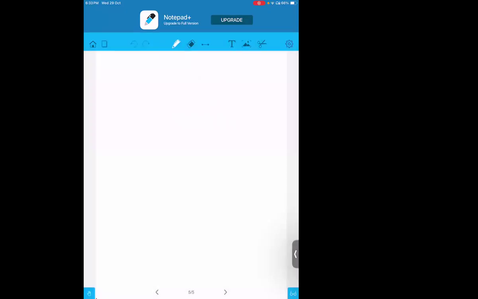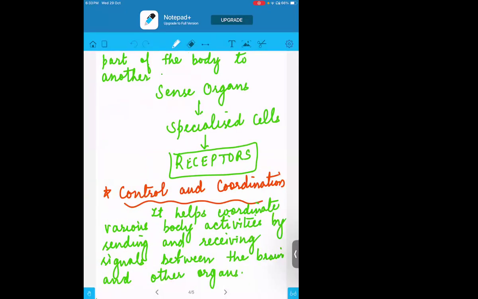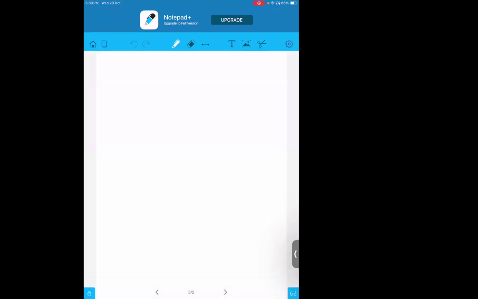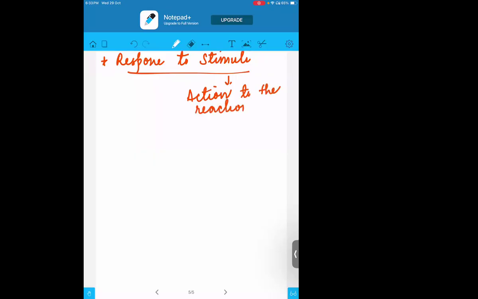Now, the third importance is response to stimuli. Now, this stimulus means action, or I can say action and reaction.